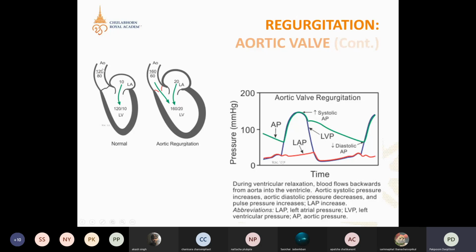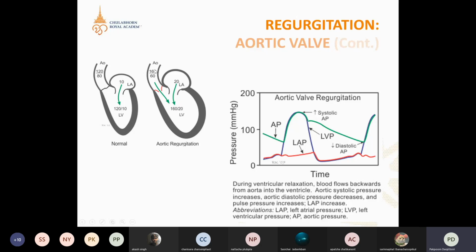And in the normal one, the pulse pressure is around 40. You will see this is the impact of aortic valve regurgitation on the pressure of the aorta.